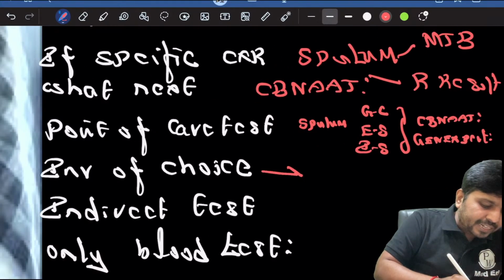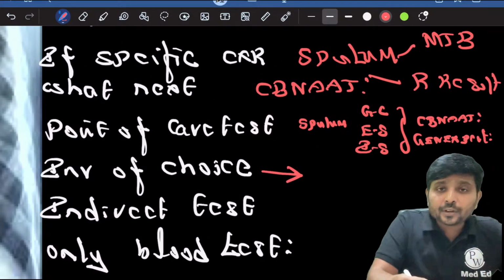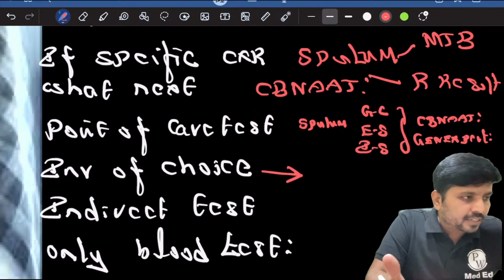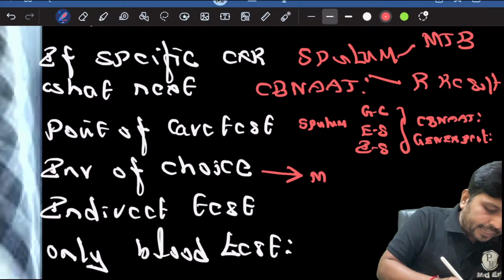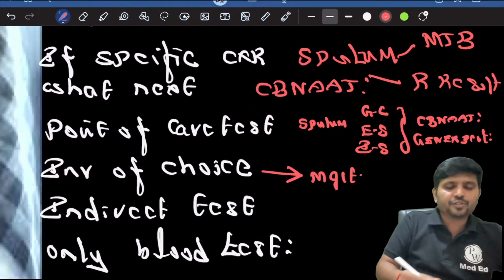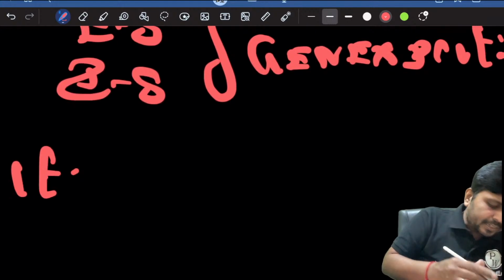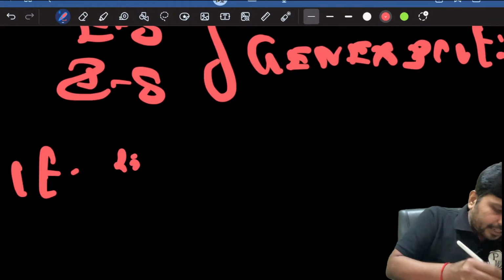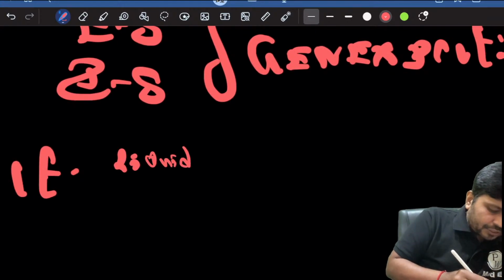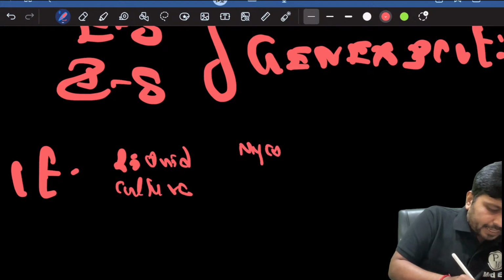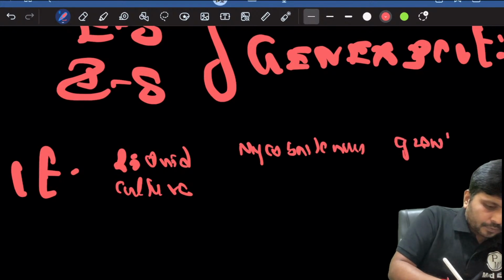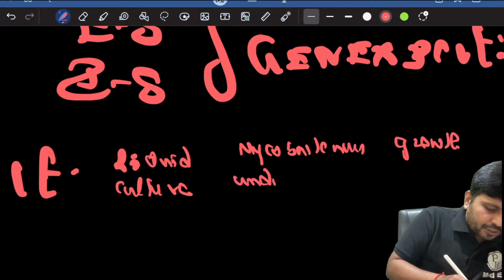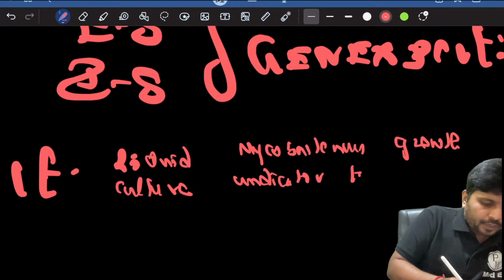But what is the investigation of choice to detect tuberculosis? Can anyone tell me? The investigation of choice is MGIT. MGIT is liquid culture. The expansion for MGIT is Mycobacterium growth indicator tube system.